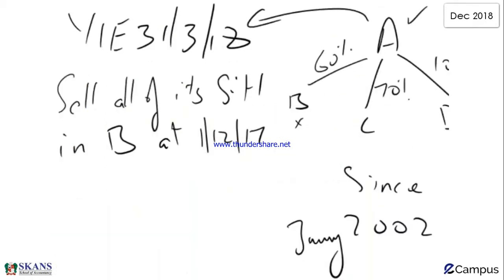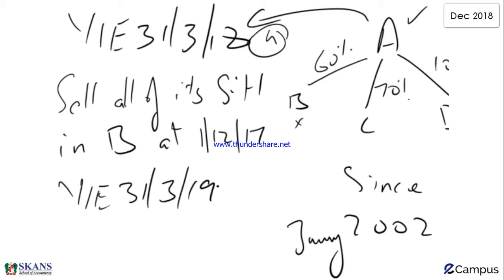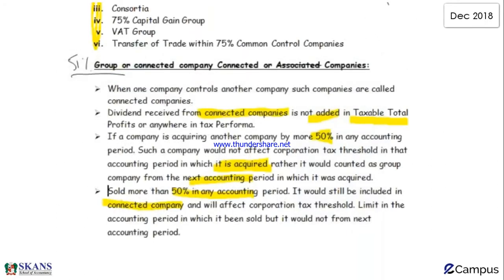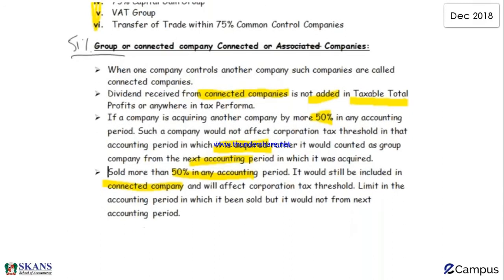So if I ask you in the year ending 31st March 18, what A Limited, C Limited and D Limited should divide their limits with, your answer would still be 4. But in the year ending 31st March 19, the year following this one, they would be dividing their limits with 3. So that is all about 51% group companies.